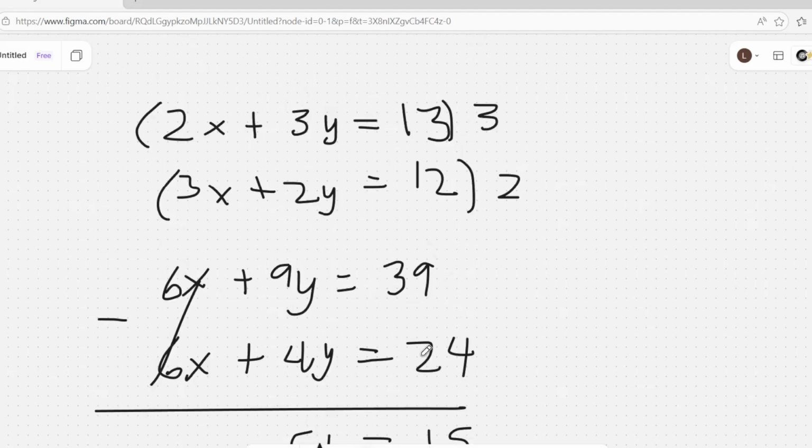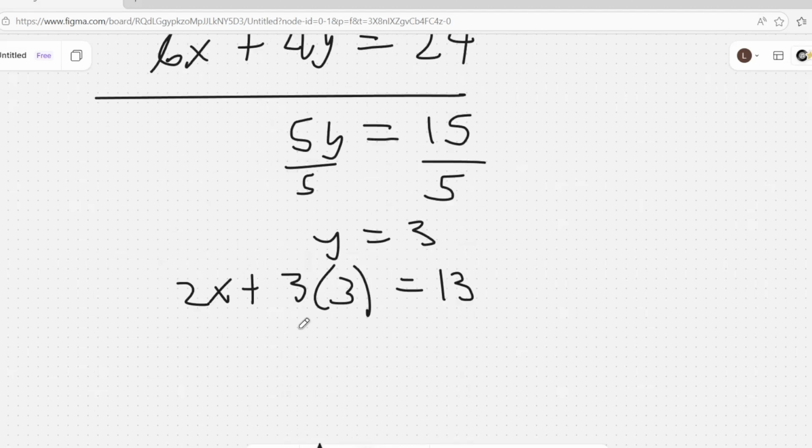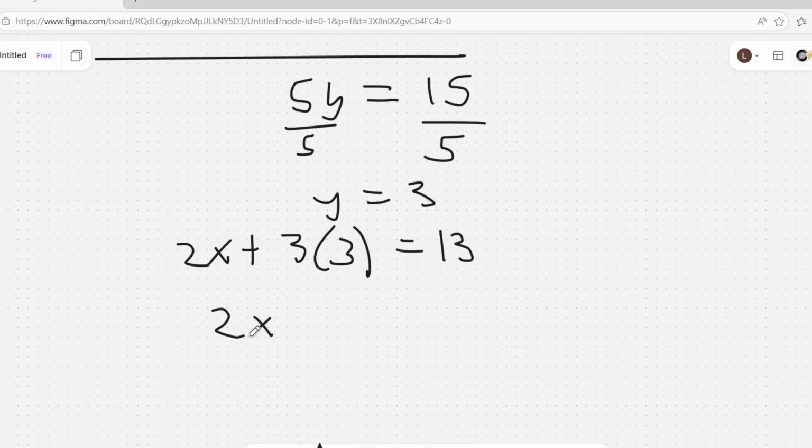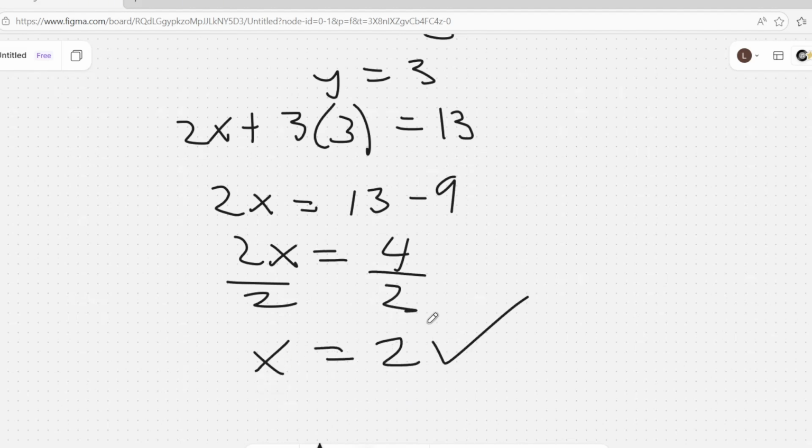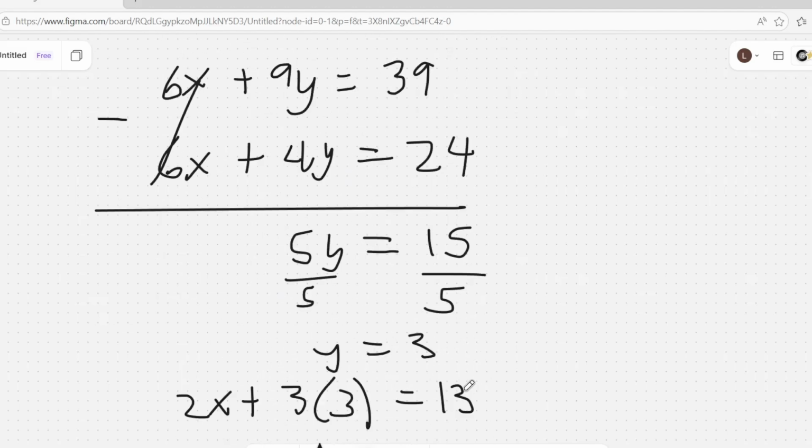So let's check. Okay. 2x is equal to, let's transpose this, 13 minus 3 times 3, which is 9. So 2x is equal to 13 minus 9, which is 4. Dividing both sides by 2, we isolate x and get a value of 2. So our x is 2 and our y is 3.